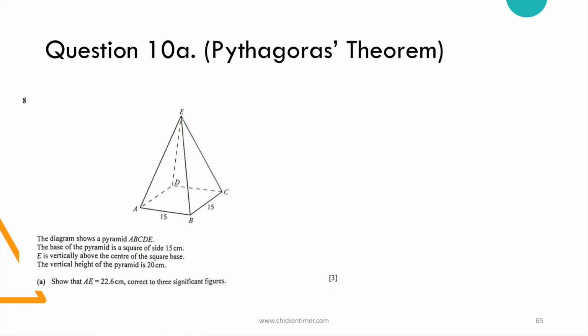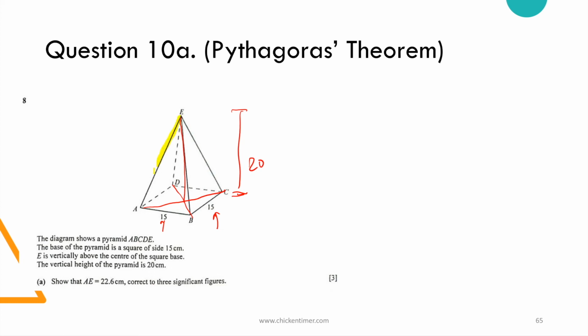So question 10a. We have a pyramid, and the sides of the base are 15. Then E is vertically above the center of the square base. So we draw this like that. Then the vertical height of the pyramid is 20. Then we have to show AE.